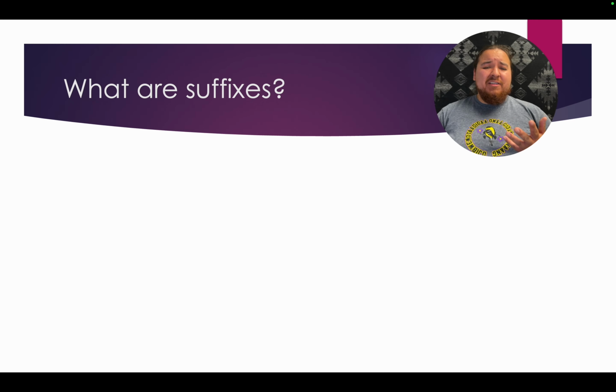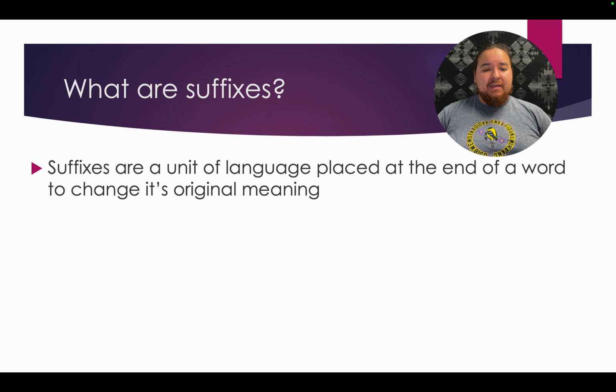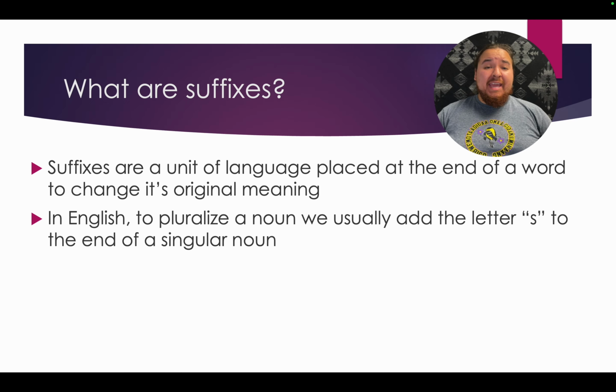So what are suffixes? Suffixes are a unit of language placed at the end of a word to change its original meaning. So in English, to pluralize a noun, we usually add the letter S to the end of our singular noun.